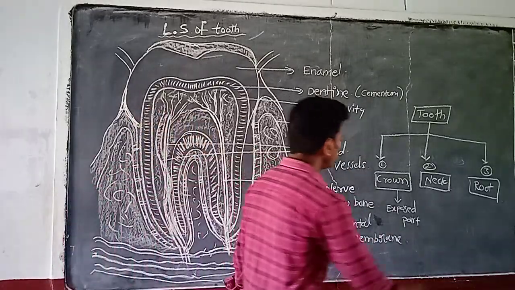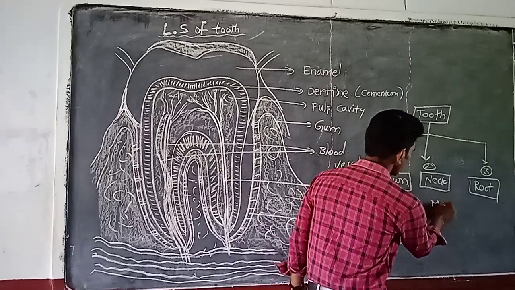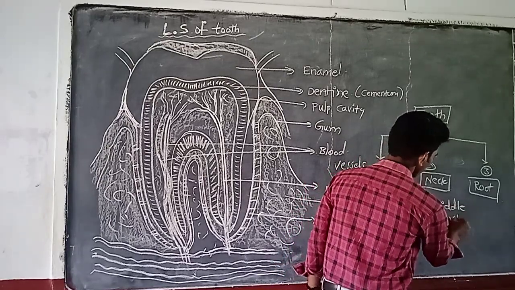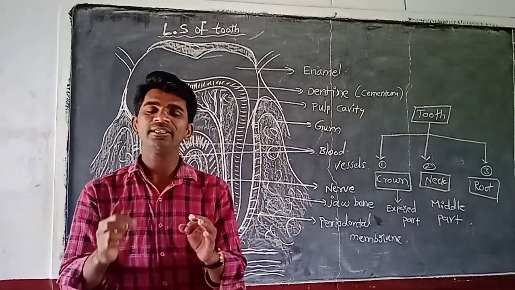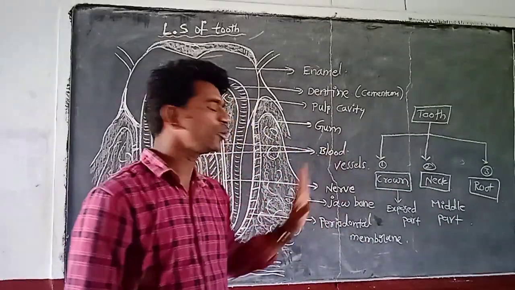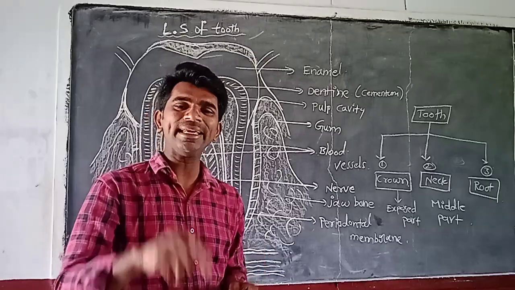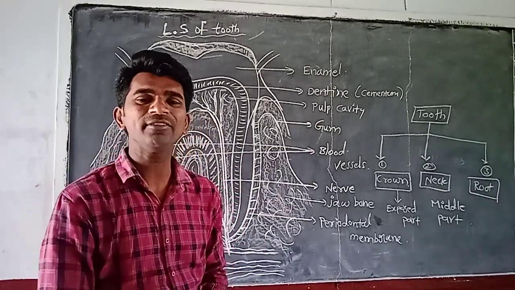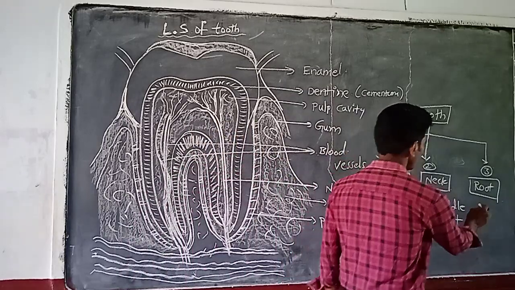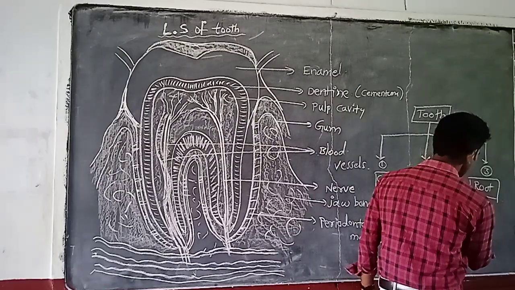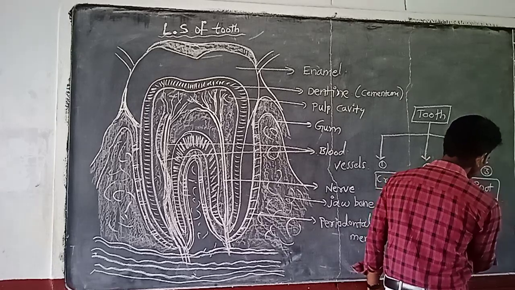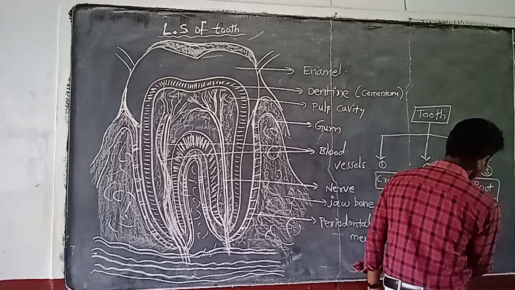The neck is the middle part. And the third part is the root. The root is embedded in the sockets of the jaw. So the root is the fixed part in the socket.